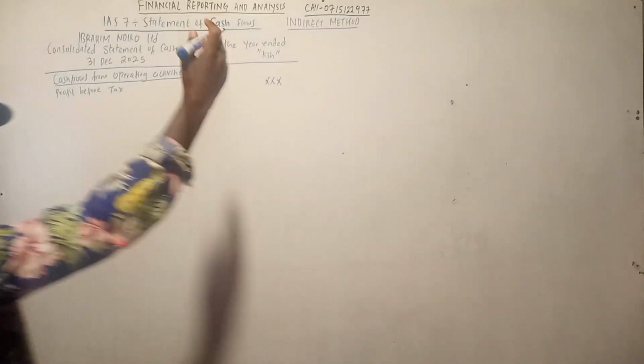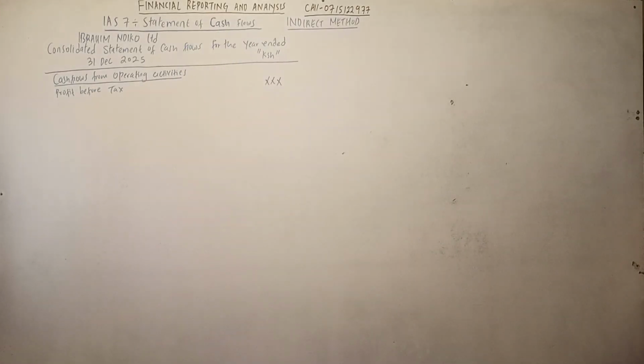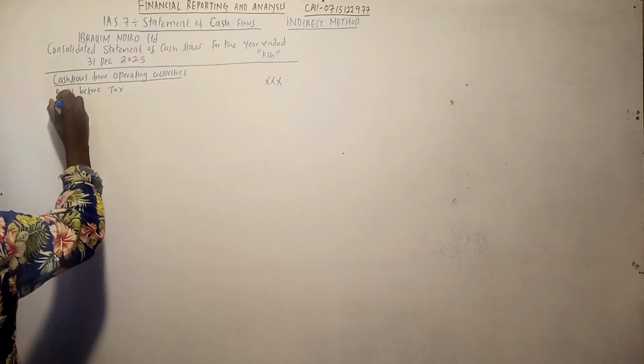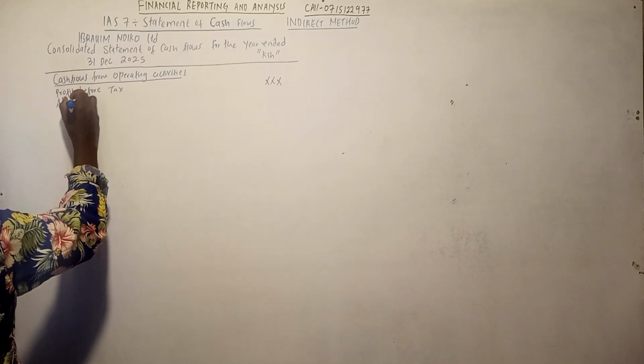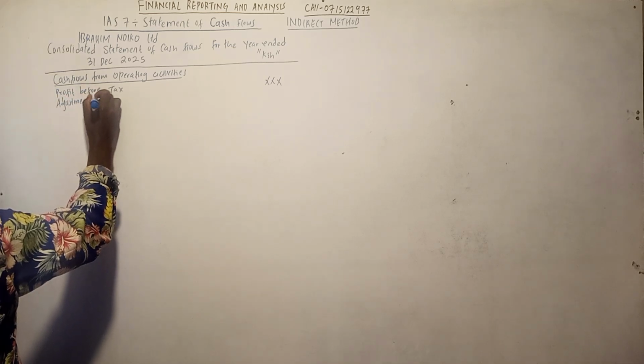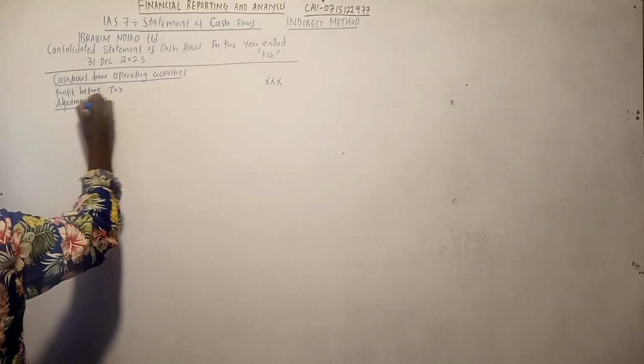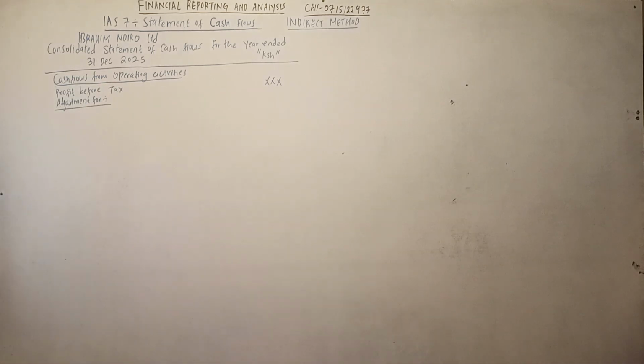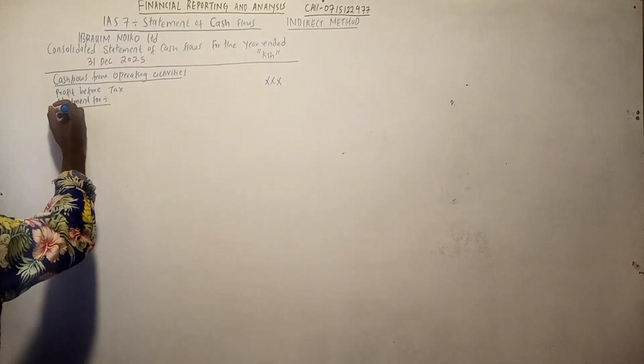I just put it in one column. Then you do adjustments for, number one, depreciation and amortization.